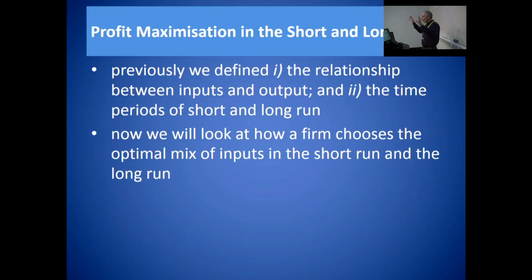So we know how inputs translate to outputs. What we're now going to do is ask what is the optimal mix of inputs, the optimal combination of labour and capital, to use in both the short run and the long run.